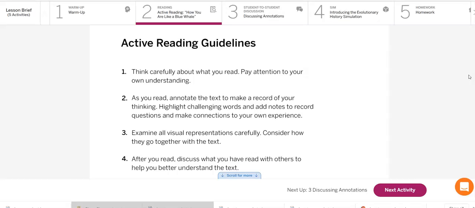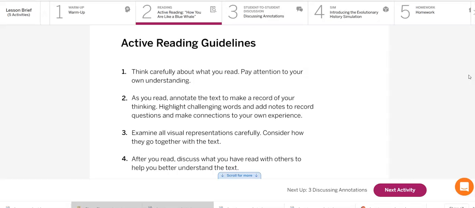I'm going to read the first 2 paragraphs with you, and we're going to go over it. I'm sure some of you have already used Amplify, so you might remember how to annotate. Some of you might have forgotten, or may have never done it. So we're going to do the first couple paragraphs together, and I'm going to show you exactly what I'm looking for.